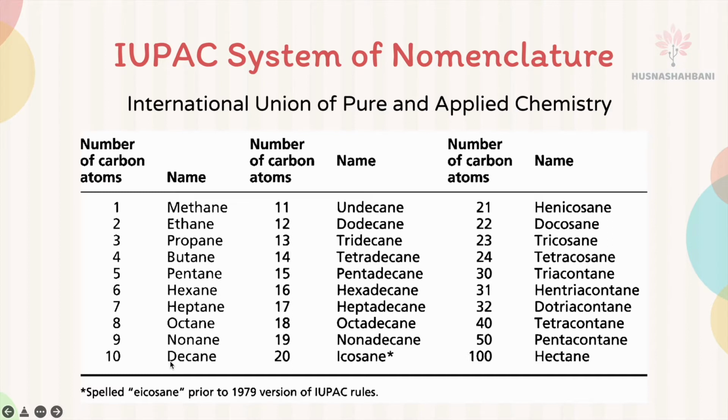You have to memorize the names for at least 10 carbon atoms, from methane to decane. If you realize, the name ending in ane means this is the alkane group, the homologous series of alkanes.